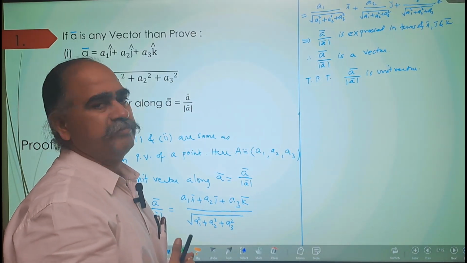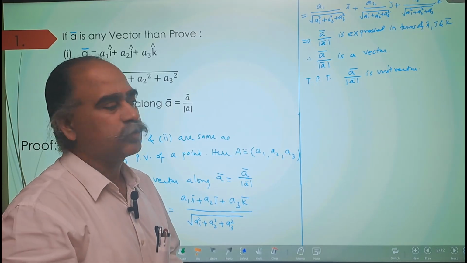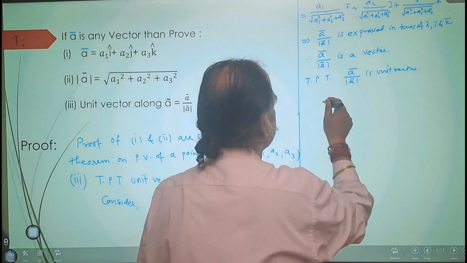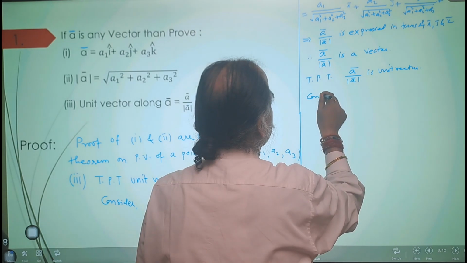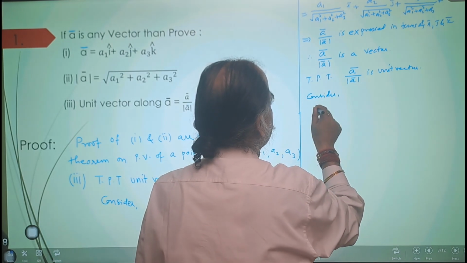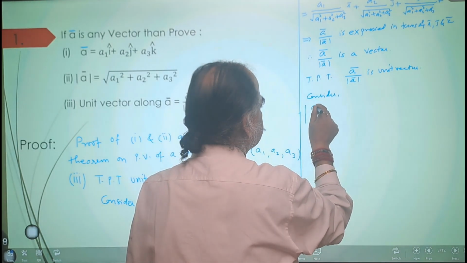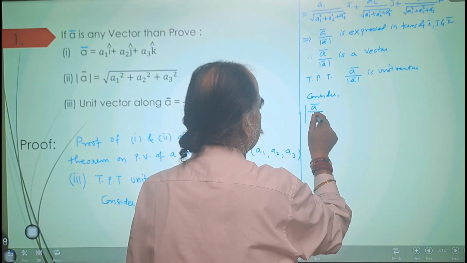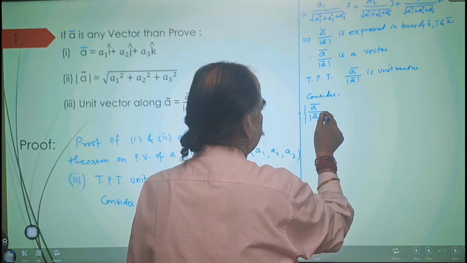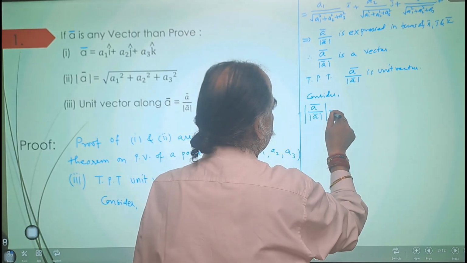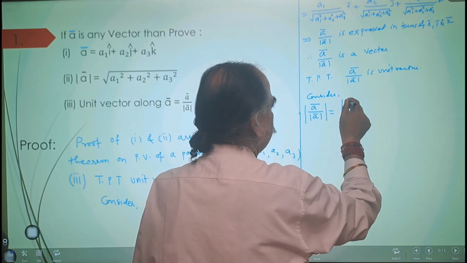so we have to prove magnitude of a bar upon mod a bar is what? 1. Consider the magnitude, this is notation for magnitude. And how do we find magnitude of any vector?